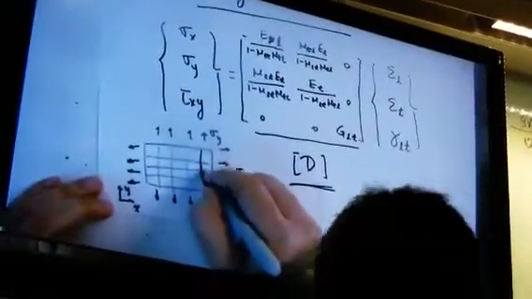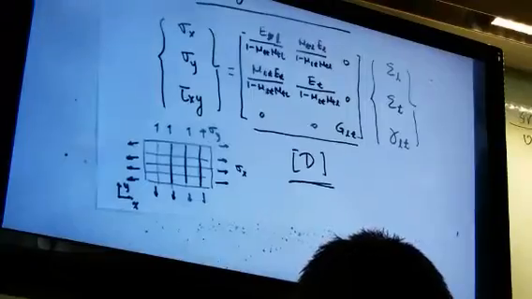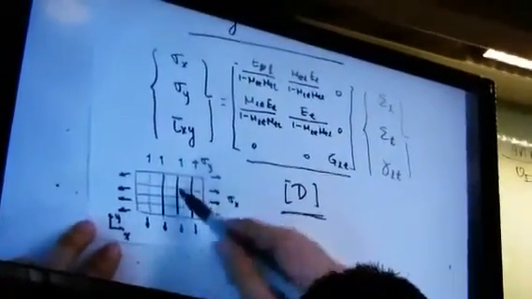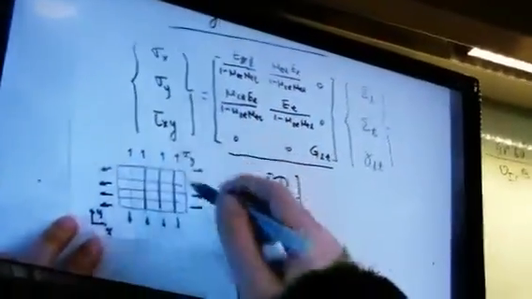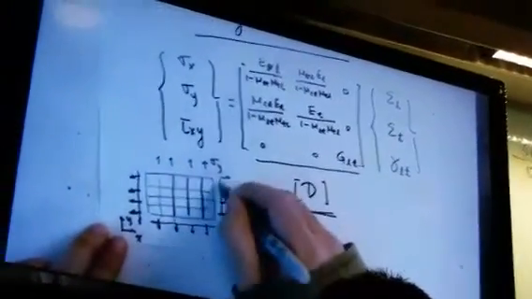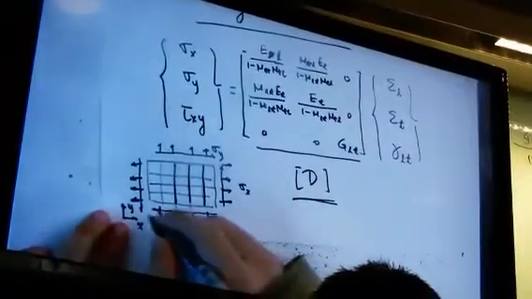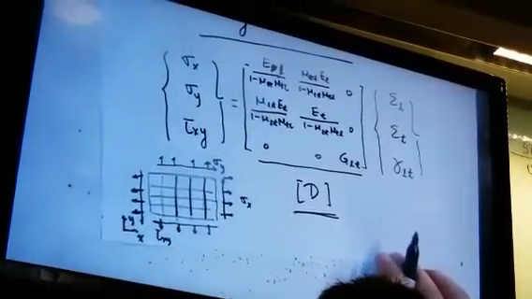So the definition of a spatially orthotropic composite means the orientation of these filaments is along the normal stress direction. And this is sigma x, sigma y, and tau xy in case you have shear stress acting on the composite. This one is tau xy. So this is the stress acting on these composites.